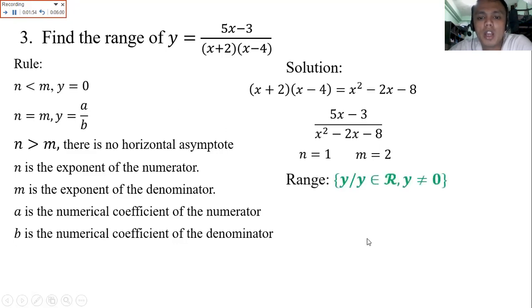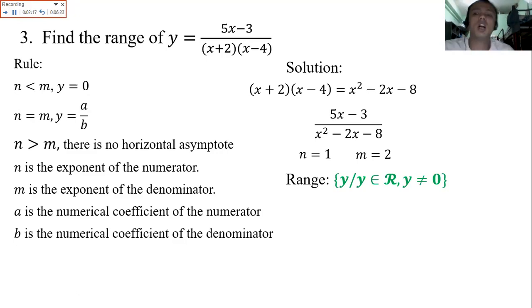Therefore, your y or yung range natin is not equal to 0. Okay? So hindi pwedeng maging equal to 0 yung range natin, since yung n natin is less than m. All values of y such that y is an element of real number but y is not equal to 0.